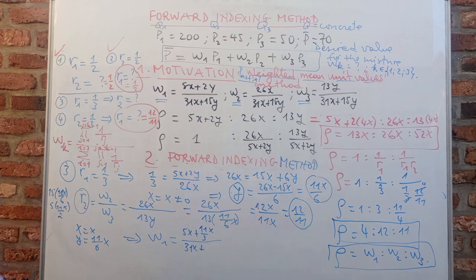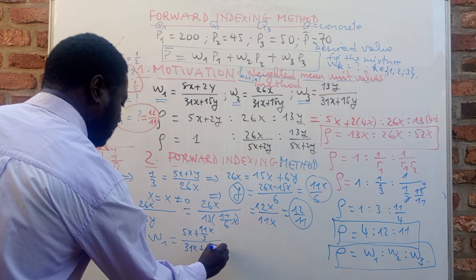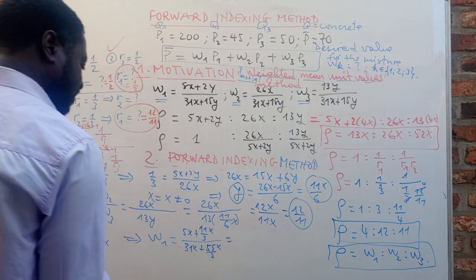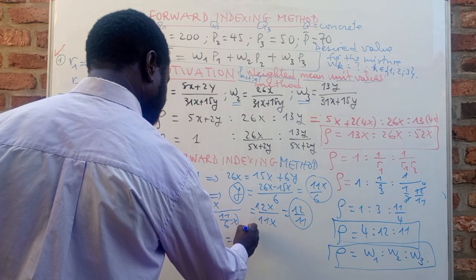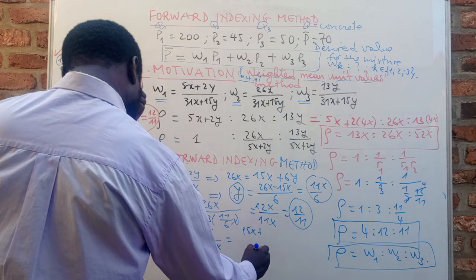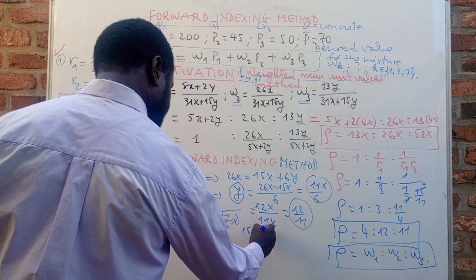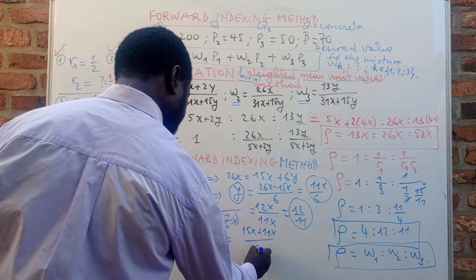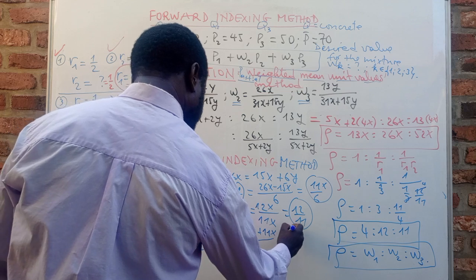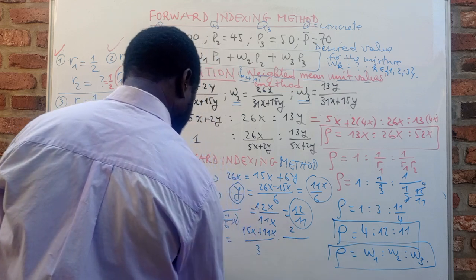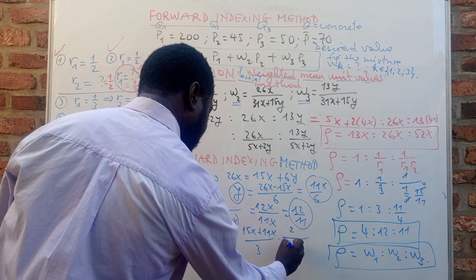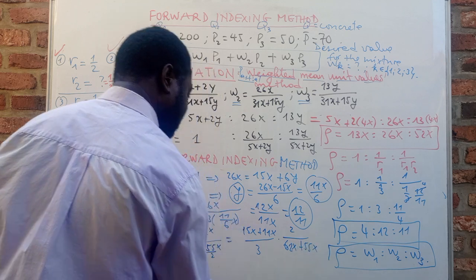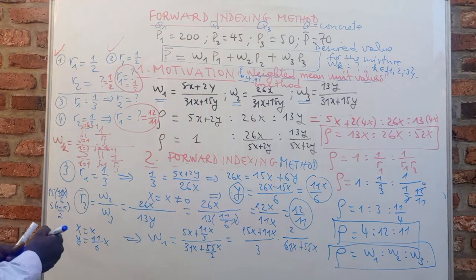Then you have 55x over 2. So this one is going to be 15x plus 11x divided by 3, times now 2 over 62x plus 55x.